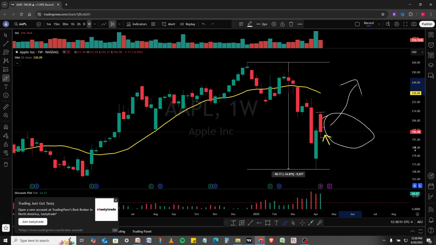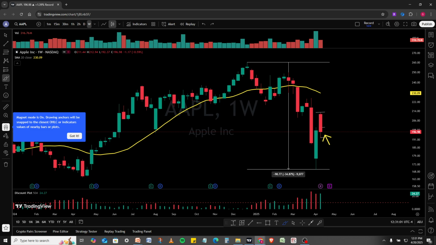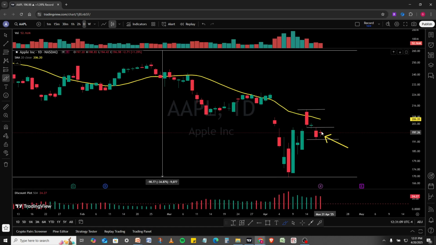So good opportunities for long-term investors who are willing to sit on this trade for more than a year or two. But for short-term traders, the direction is not clear. So wait and watch. Breaking out of this band on the daily chart is crucial before we can take a trade one way or the other. Thank you.